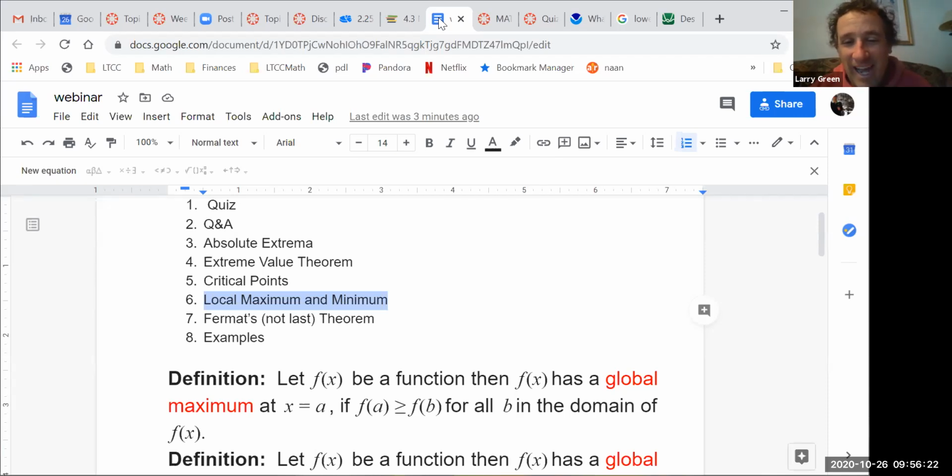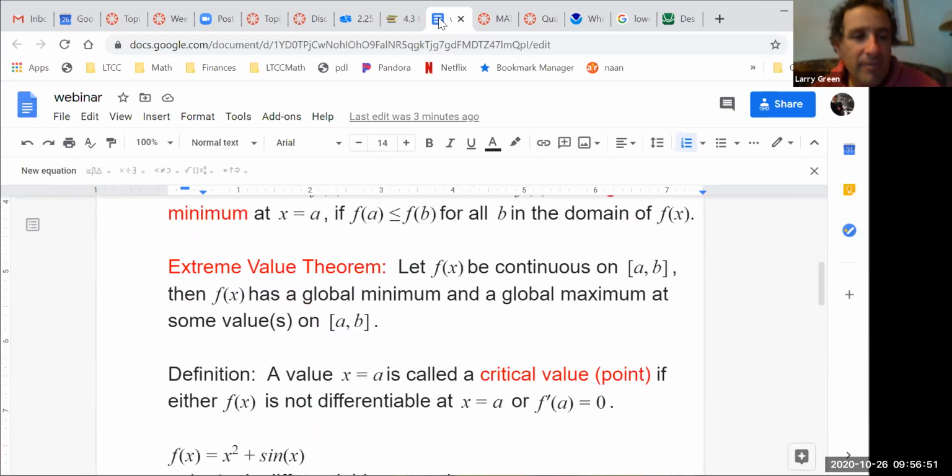So Mount Tallac, Freel Peak, those are the places you care about, not Chimborazo. You care about our little mountains that you can go to because those are our local maximum. Similarly, you often care about the local minimum. They tend to be really important and needed. Any questions on that idea first before I define it?